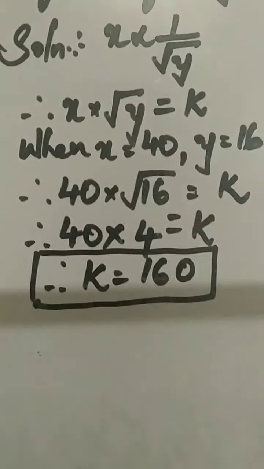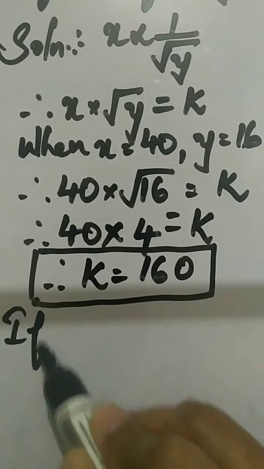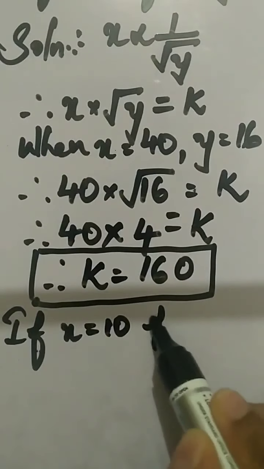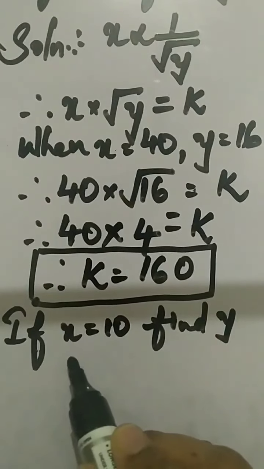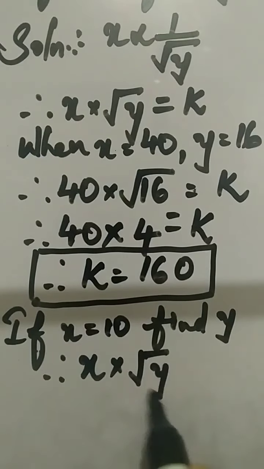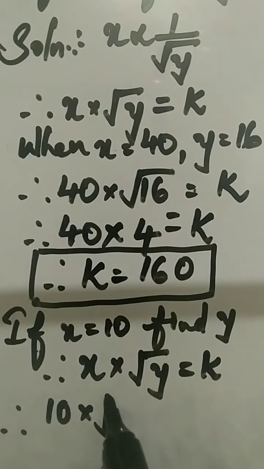Now let's solve the remaining part. Now they have asked, if x is 10, what will be y? Find y. Again write the same equation. X into root of y is k. K is constant. Therefore, x is 10, we know. Y we don't know.